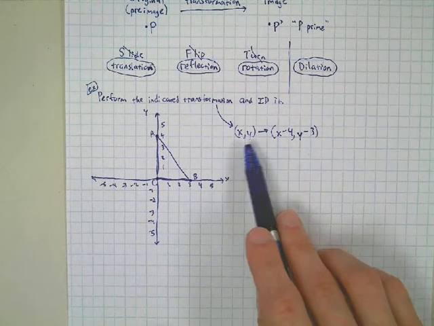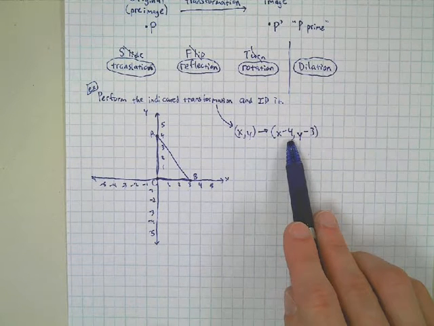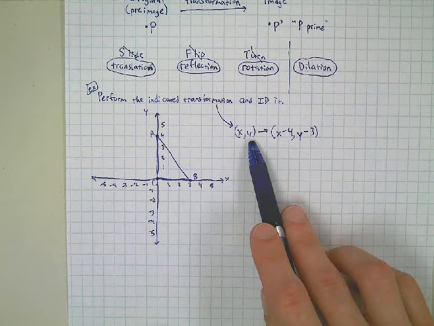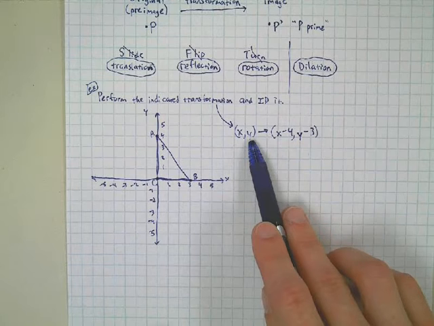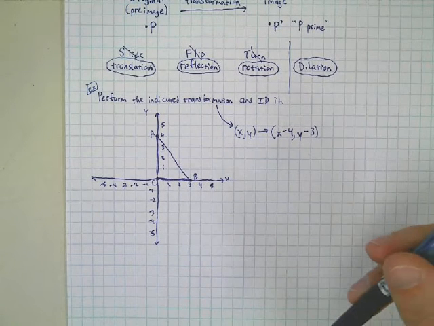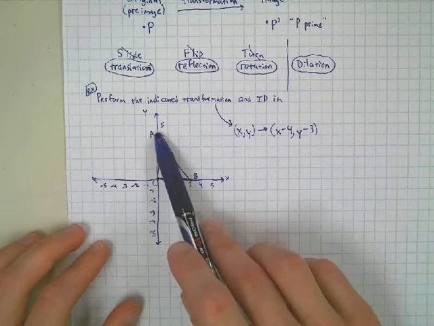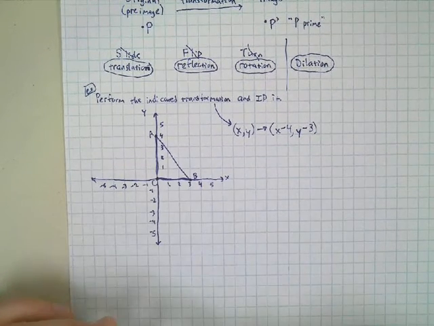I'm not worried too much right now about what kind of transformation it is. What I'm worried about is just what this thing is telling us to do. Every x coordinate, we're supposed to take the x coordinate and do what? Subtract 4, right? And every y coordinate, we're supposed to take that y coordinate for that point and then do what? Subtract 3.